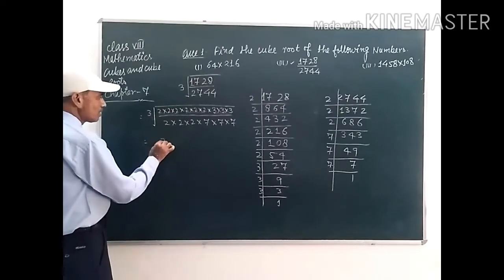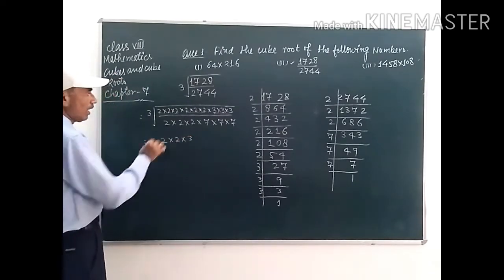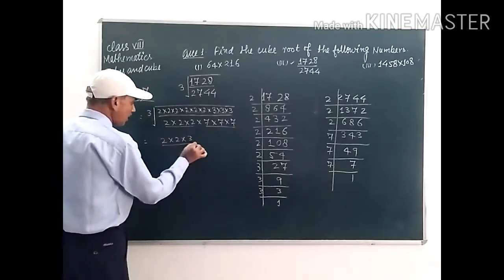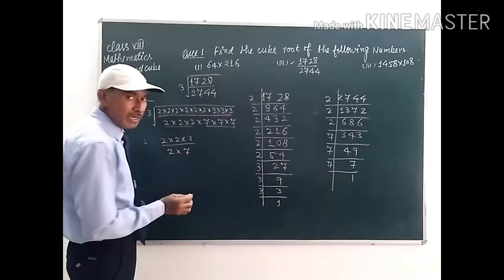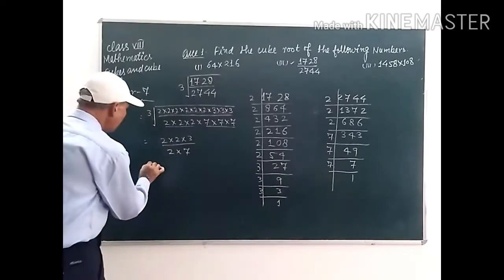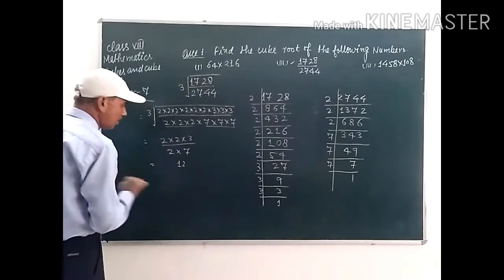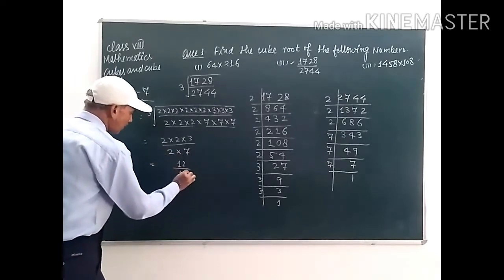The numerator is 2 into 2 into 3. And for the denominator, that is first group and second group, that is 2 into 7. Clear students? So 2 2s are 4, 3s are 12, and the denominator is 2 7s are 14.